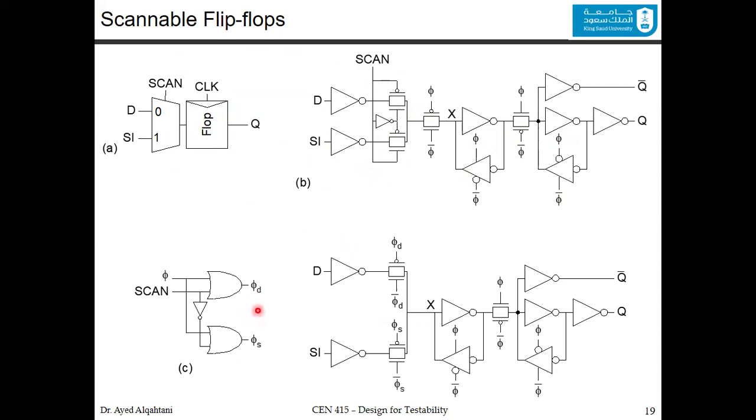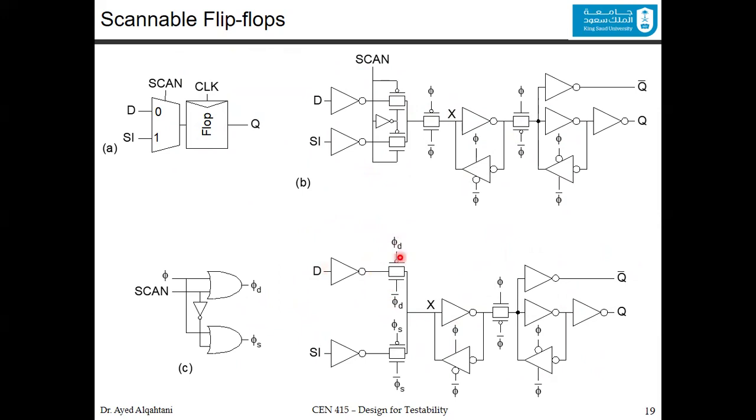Another way to do it is by choosing the right clock. Again, we have the same master-slave latches, so from the X onward, they are the same. The difference here is that you choose the D and the serial input by the clock itself.